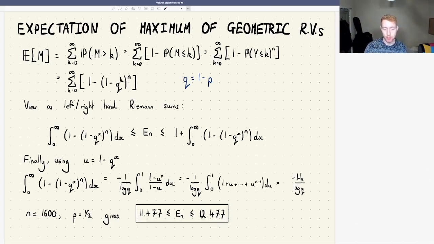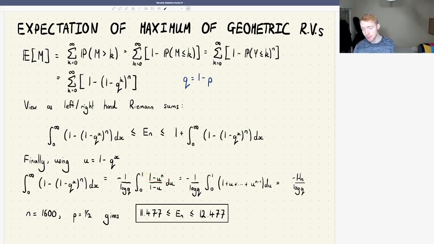And if we use the substitution u equals 1 minus q to the x, this comes out quite nicely. We do the substitution, we get this (1 minus u to the n) over (1 minus u). And if you know the factorization of 1 minus u to the n, you'll know that this division comes out to be here. I guess if you take the 1 minus u and times it here, you'll see they all cancel out to get the 1 minus u to the n.